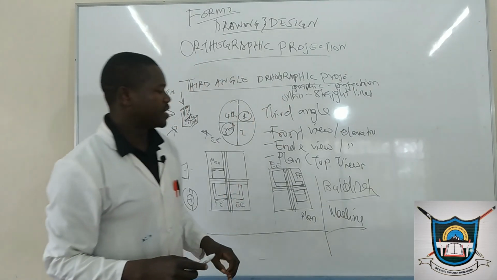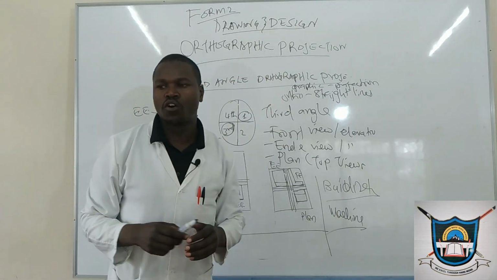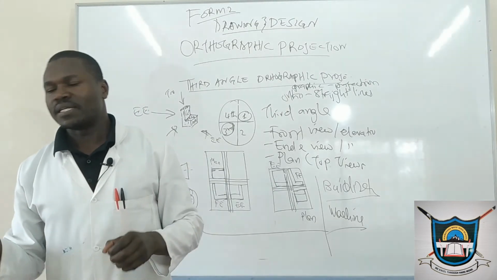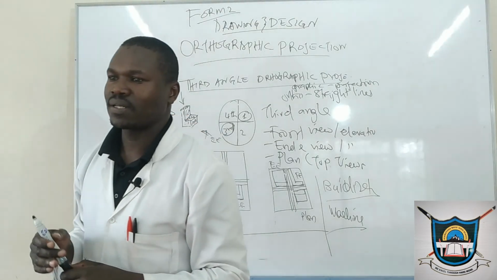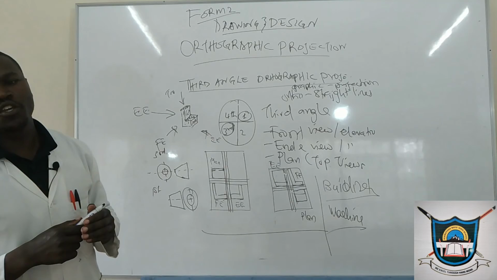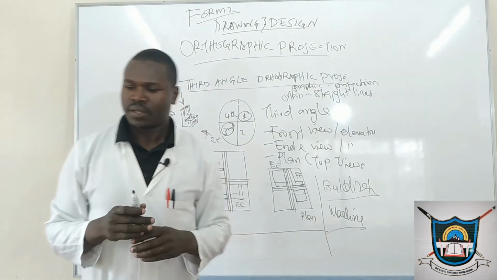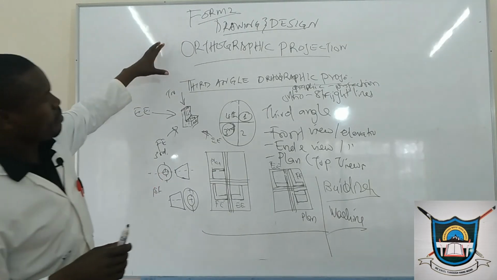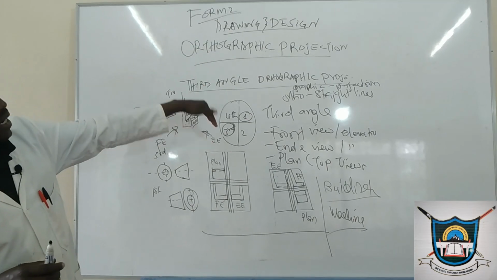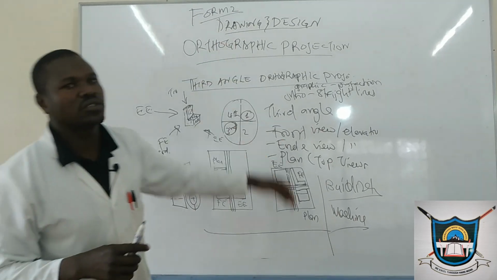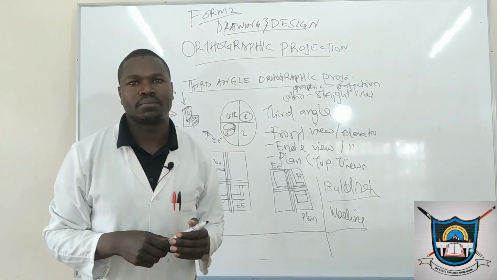It's a very good way of communicating because a drawing speaks 1,000 words by itself. Thank you. Make sure that you are able to grasp this and answer the questions below next time. Thank you.